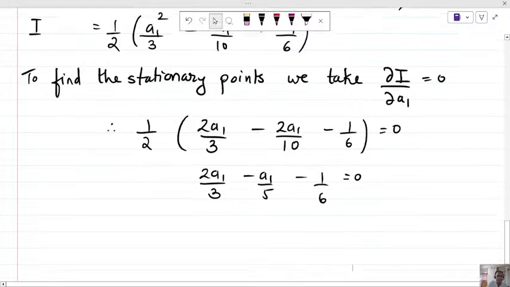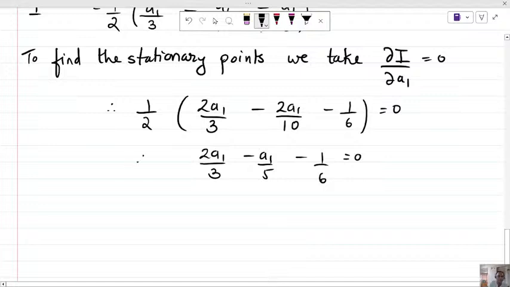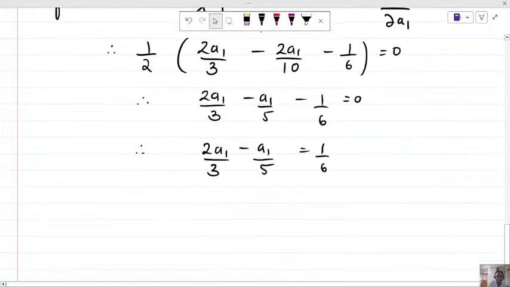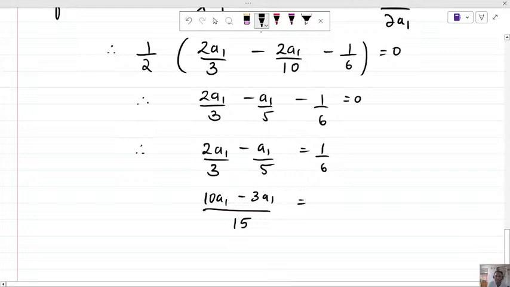So we simplify for a1 now. How much do we get? It is 2a1 by 3 minus a1 by 5, which is 1 by 6. We take the LCM and cross multiply: 10a1 minus 3a1 over 15 is equal to 1 by 6.